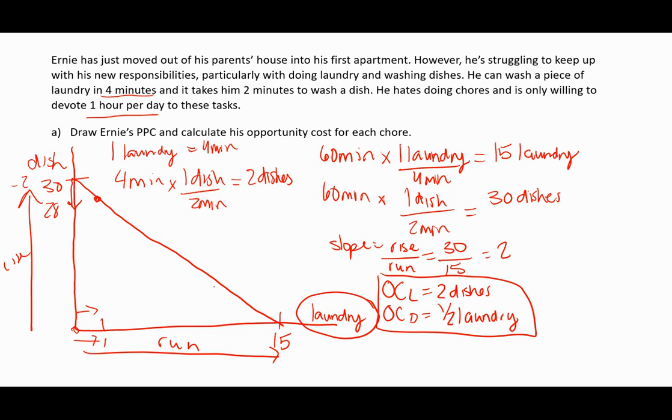And then if we move the other way, so if we're starting here where we're devoting all of our time to laundry, if we want 1 clean dish, that means that we are sacrificing half of a clean piece of laundry. Okay, so that'd be 14 and a half. All right, so different ways to think about it, but it all comes back to the same idea, that if you want more of one good, you're gonna have to sacrifice some of the other good.